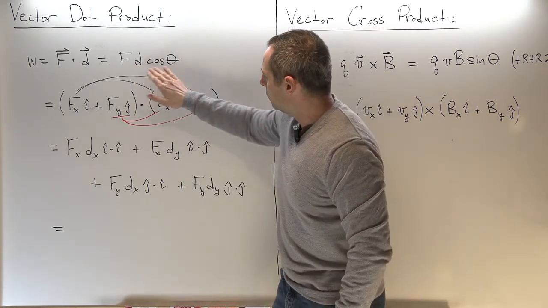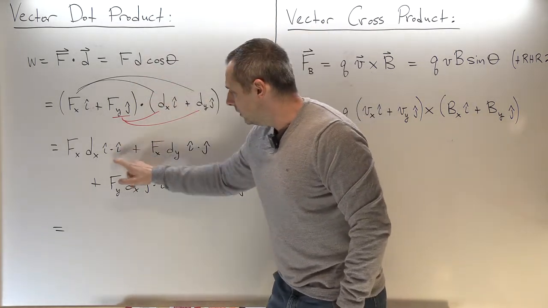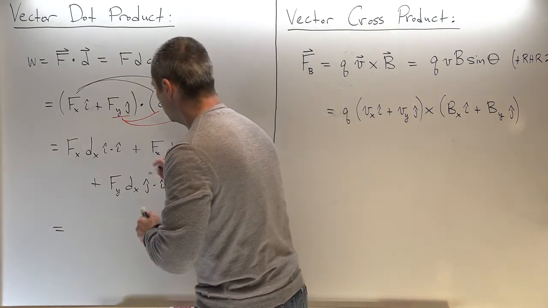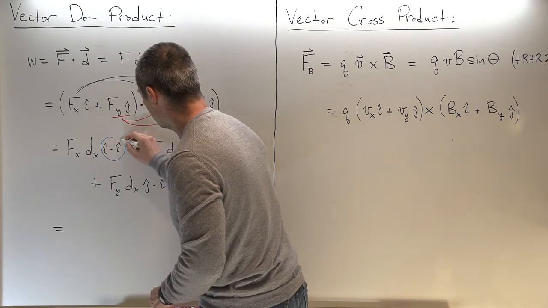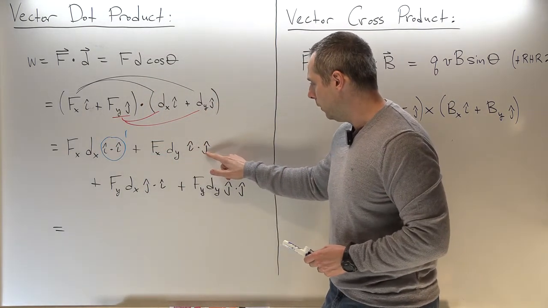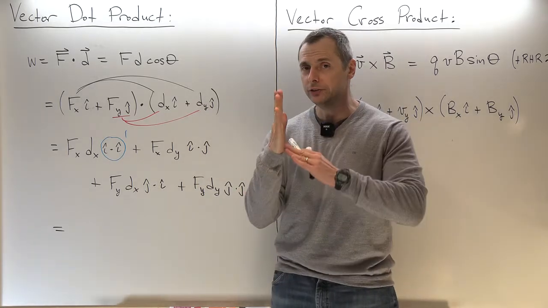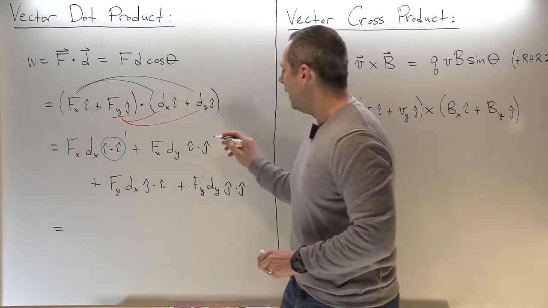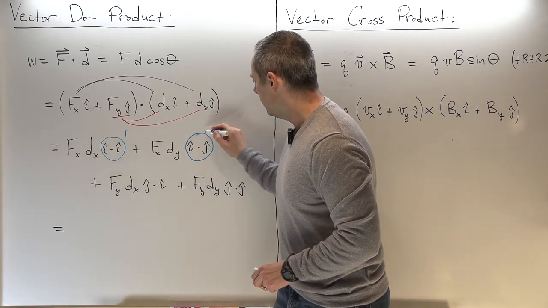So if you do 1 times 1 cos of 0, this term ends up being 1. And then this is 1 times 1, and x and y directions are 90 degrees from each other. So we do 1 times 1 cosine 90, and this term right here is 0.